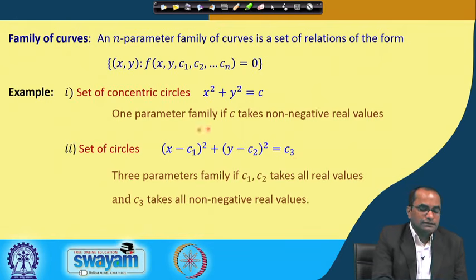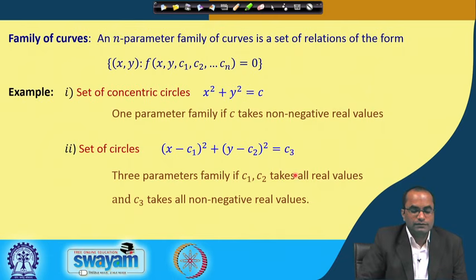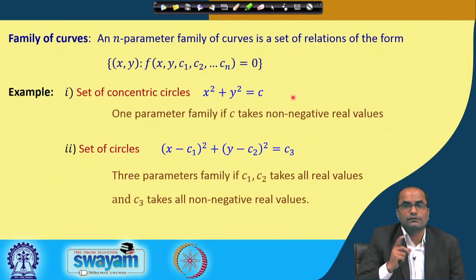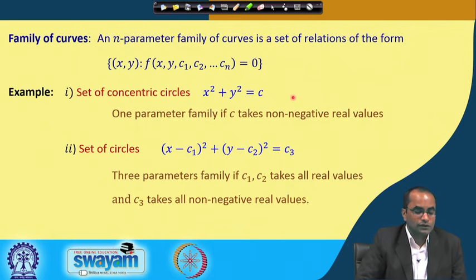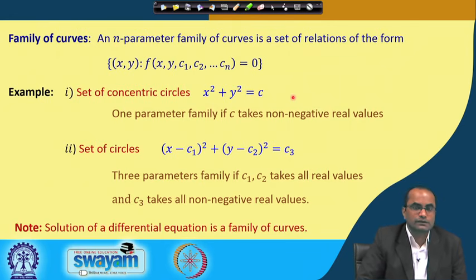So, this is a family with 3 parameters c 1, c 2, c 3, while the earlier one was a family of one parameter, because only the radius was varying. Here we have different centers and different radii of this family of circles. So, this is the 3 parameter family of circles.